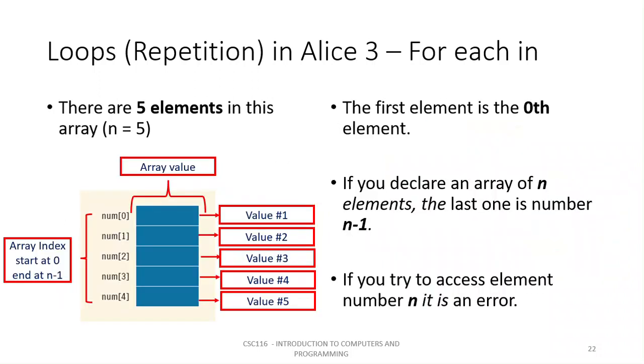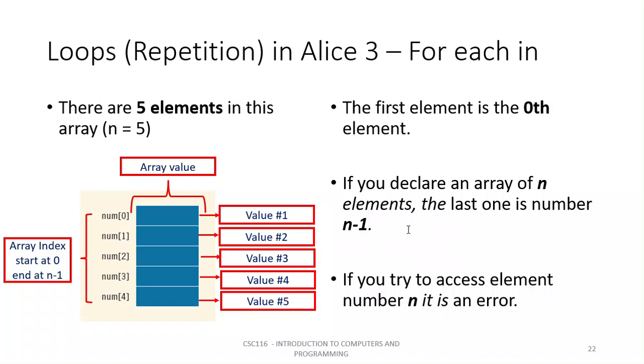So in this example we have 5 elements, so n equals 5. Macam saya kata tadi, we start with 0 up to 4. So the first element is the 0th element. If you declare an array of n elements, the last one is number n minus 1.